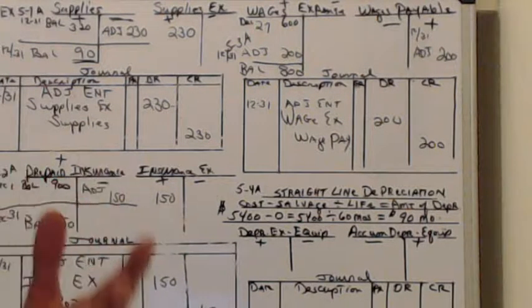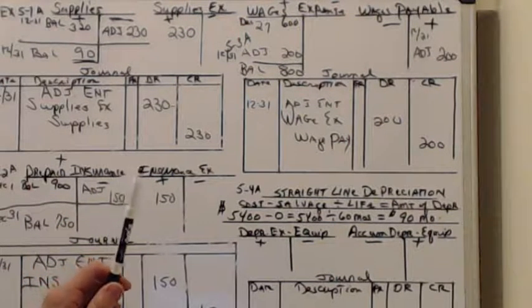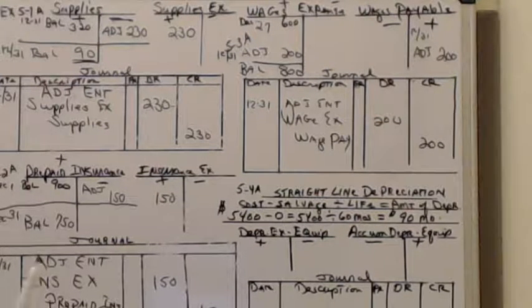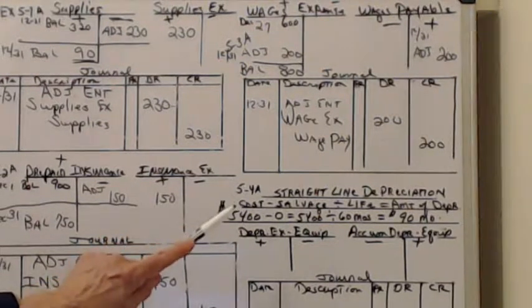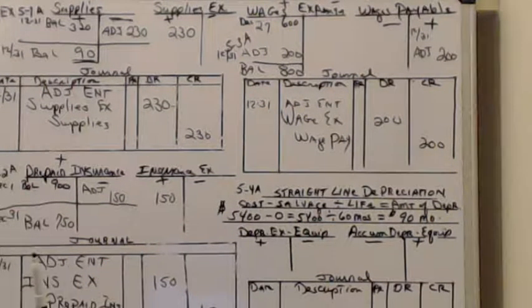So we need to know some numbers first. We need to know how much this piece of equipment cost when it was purchased. And the problem says that it cost $5,400 when it was purchased, on December the 1st of this year.